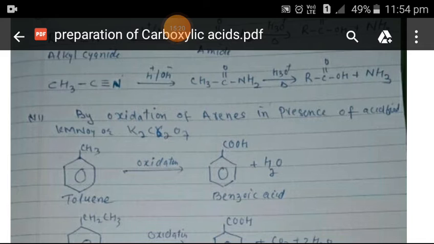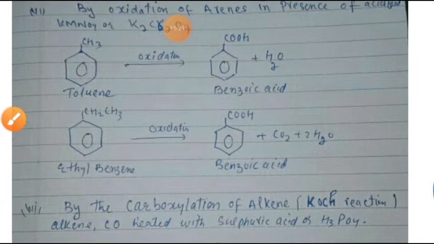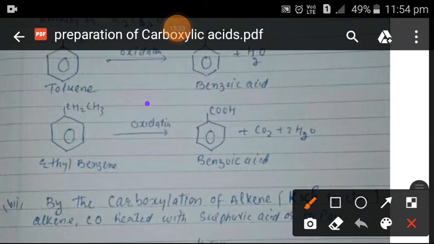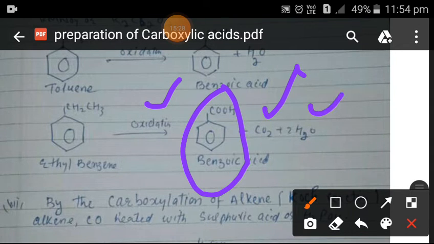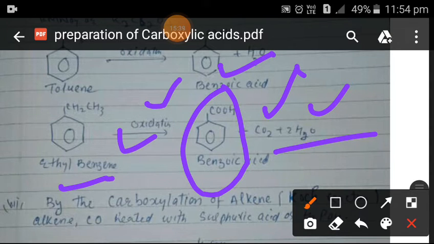Clear? Similarly, you may take ethyl benzene, oxidation gives benzoic acid, and here carbon dioxide and water are side products. So toluene undergoes oxidation and forms benzoic acid, and ethyl benzene also under oxidation gives benzoic acid.